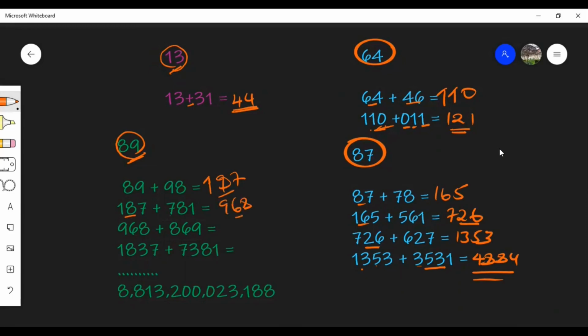Now if you take 968 and add it to 869, it gives you 1837. If you continue with the same process, you will end up getting a number that is also a palindromic number.